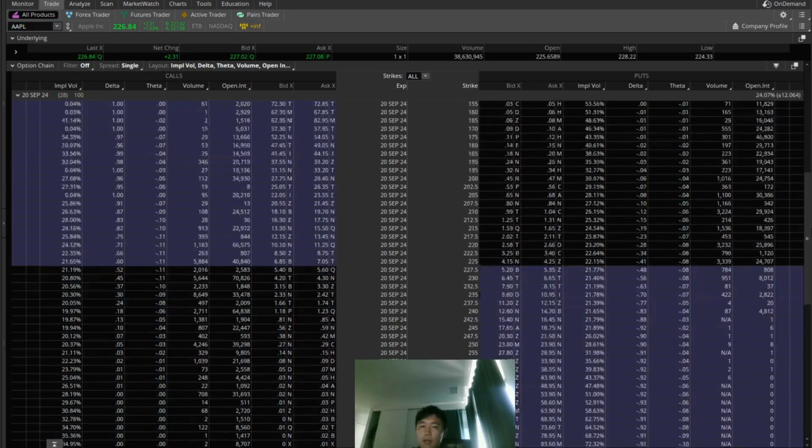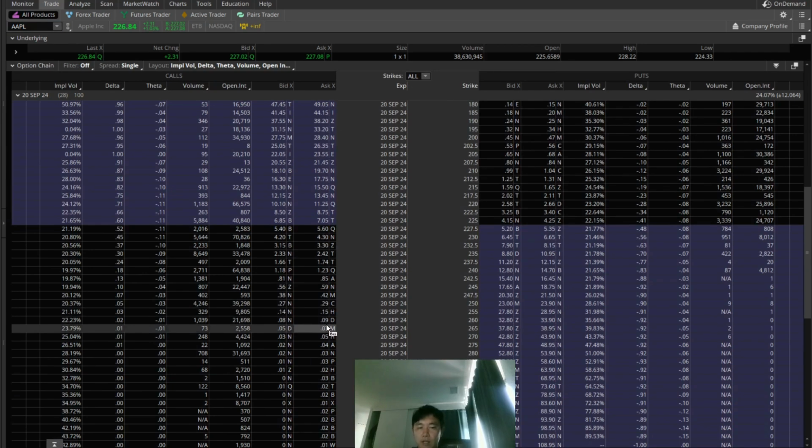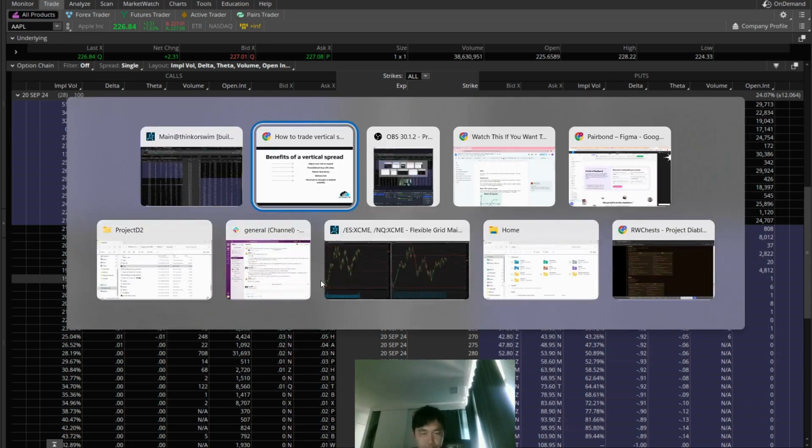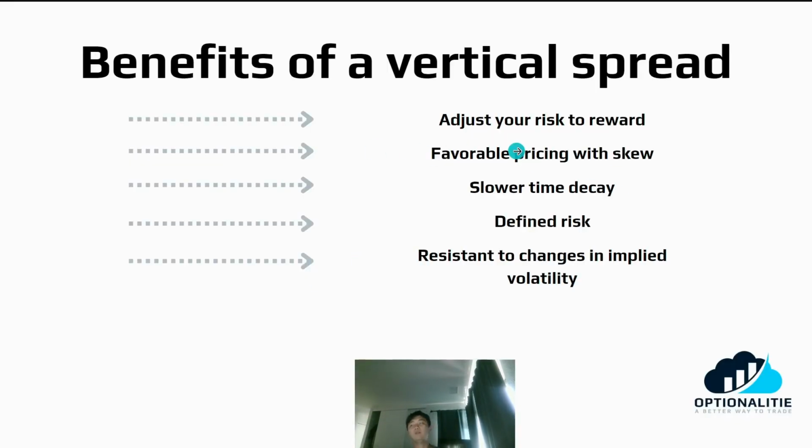Because anytime you're selling something that is of lesser implied volatility, you're just buying high and selling low automatically, which really screws up your risk reward. So favorable pricing with skew is an extremely important part of placing your call verticals correctly.